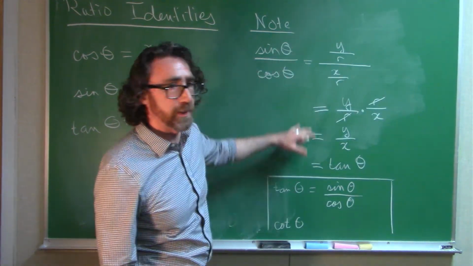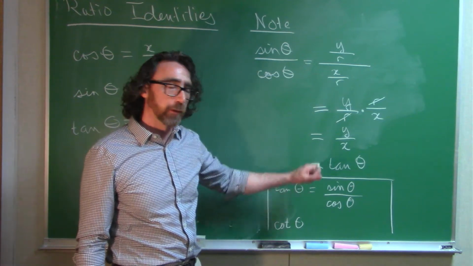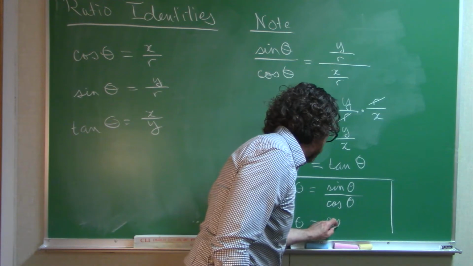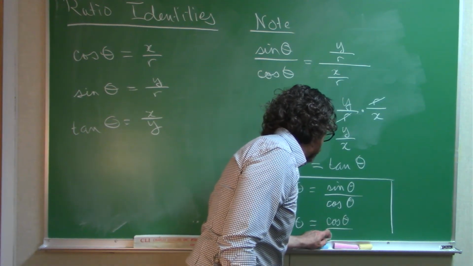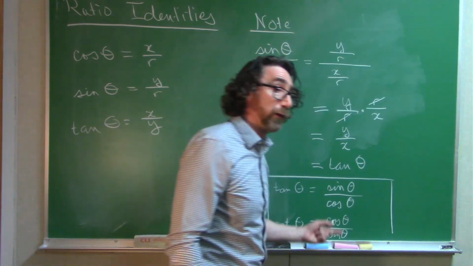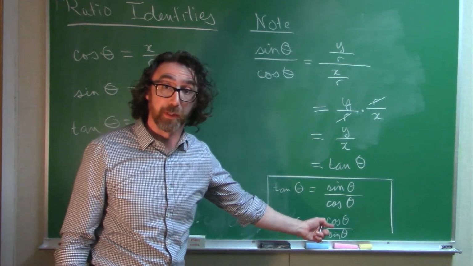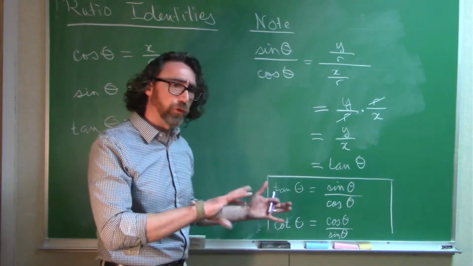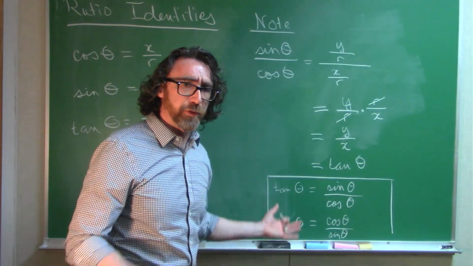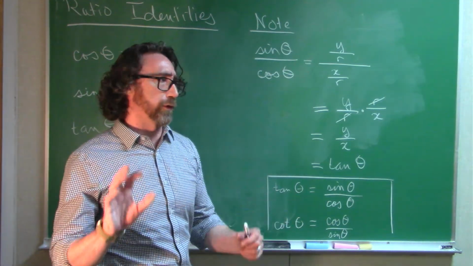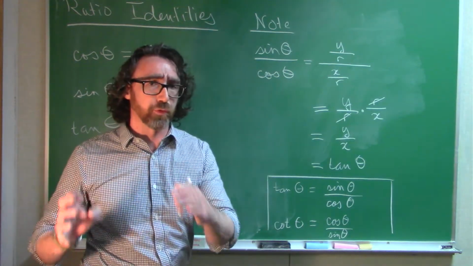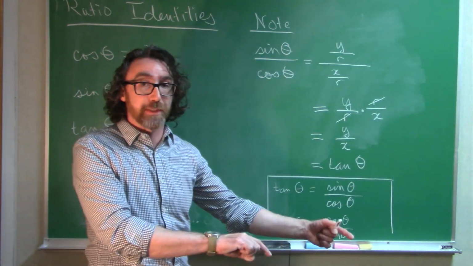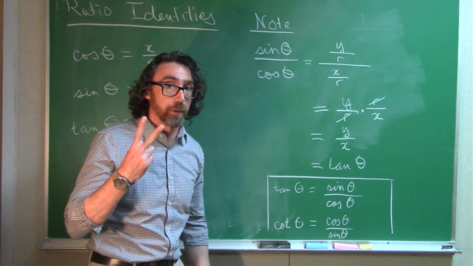We could do a very similar derivation to help us understand why cotangent theta is equal to cosine theta over sine theta. In fact, it also follows from one of the reciprocal identities we had on the board a second ago. So in a certain sense, the sine function and the cosine function are like the two most fundamental trig functions, because you can get the other trig functions in terms of those two.